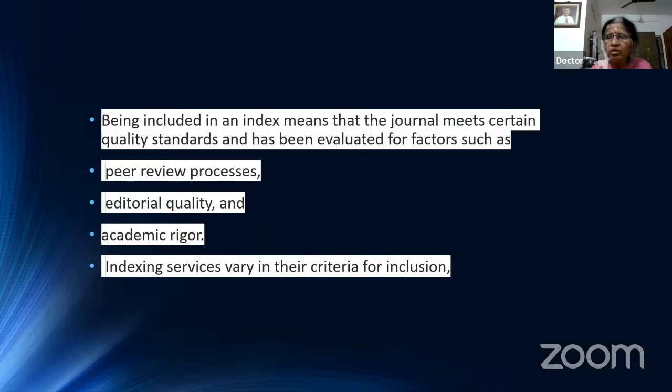So you should try to send your publication to journals which are indexed and which have a high impact factor. There is no point in sending it to a non-indexed journal, because now the NMC is very, very particular. I will come to it later: all articles should be published only in indexed journals.